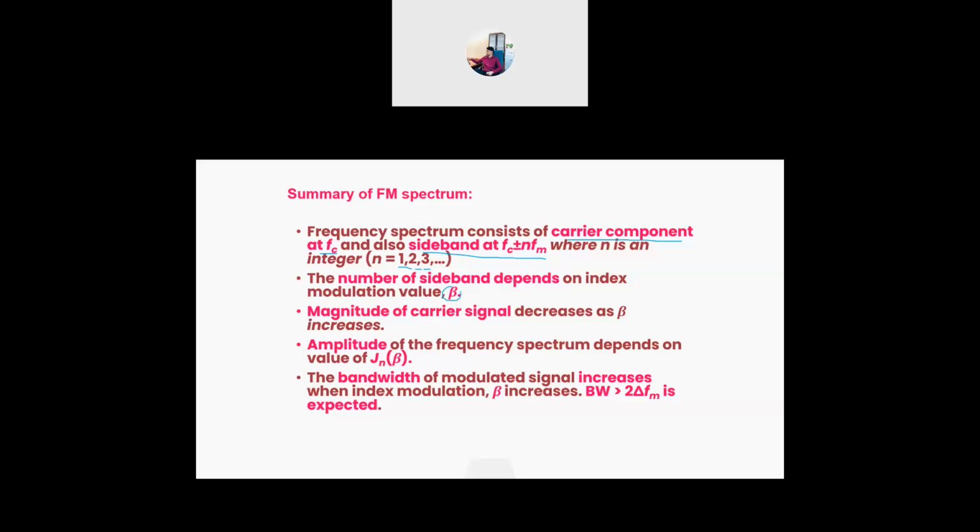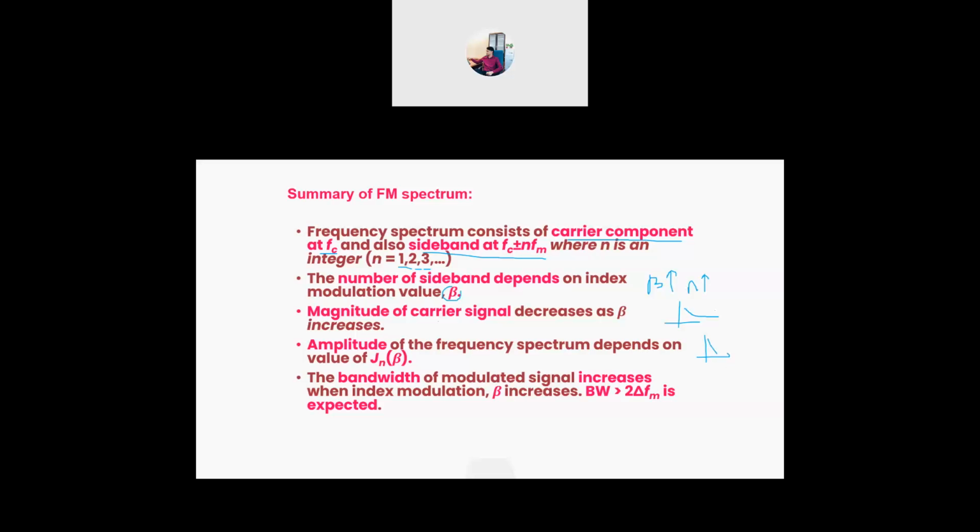If you have a higher beta, you're going to have more sidebands. And if you have a bigger beta, the fall off is smoother, not rapid. But if you have a small value of beta, it will fall off very rapidly.